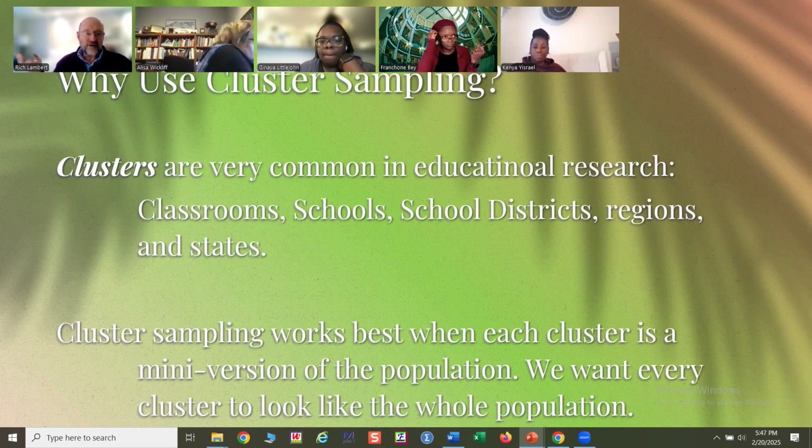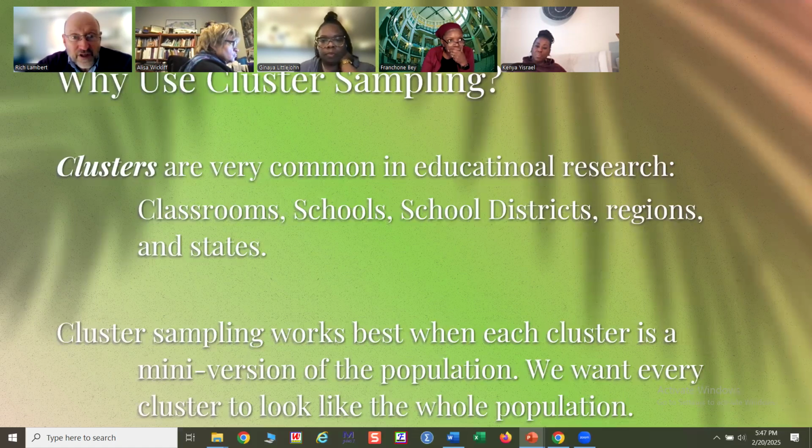If you knew that every elementary school in Charlotte-Mecklenburg was a small snapshot of the whole district, then why would you sample kids? You could just sample schools, get all the members of each of the sampled schools, combine them all, and now you've got a representative sample, right? Does that make sense? Now, it doesn't actually work that way because the schools are not that similar and they're not representative of the whole. However, if you get a representative sample of schools, you can still maybe combine the samples and make it pretty representative of the whole.